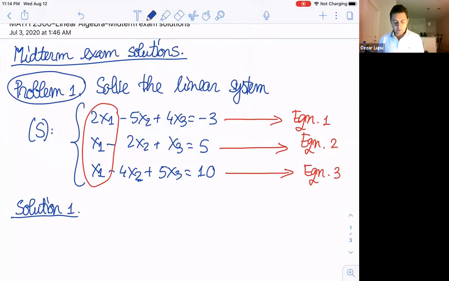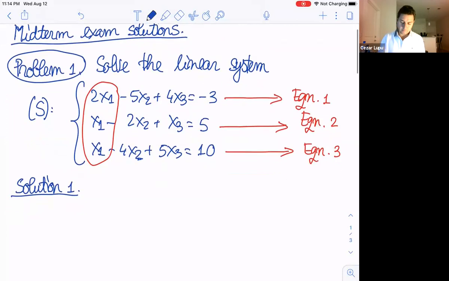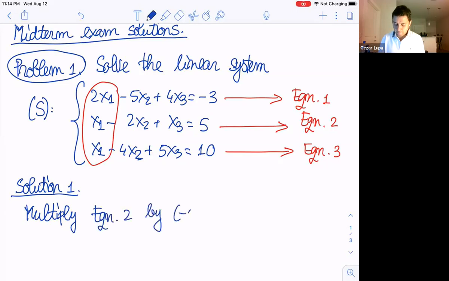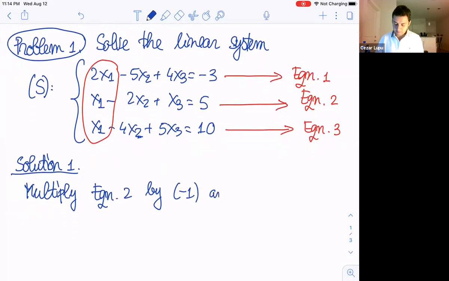In fact, we can do a bunch of stuff here. For example, let's multiply equation 2 by -1. And let's see what we get. So we get an equivalent system. Let's call this S, it's the same thing.